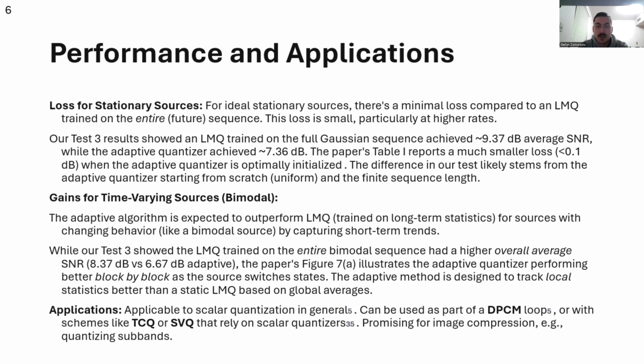For sources with changing behaviors, like a bimodal source that switches between different means, the adaptive algorithm is expected to outperform the LMQ design based on the overall long-term statistics.